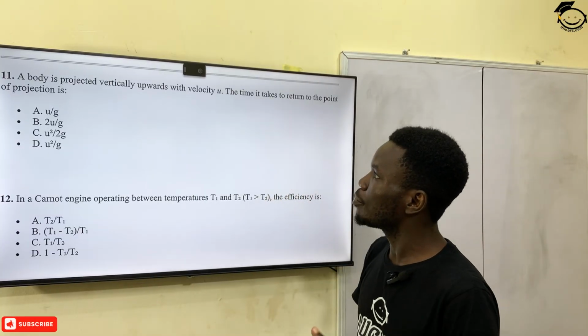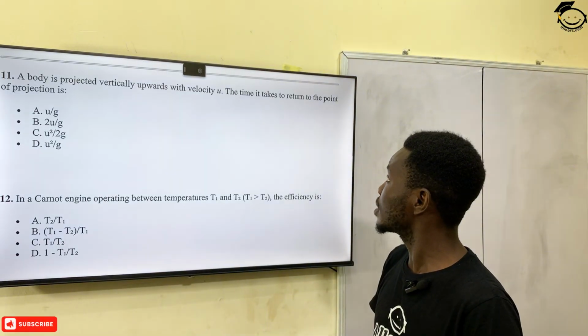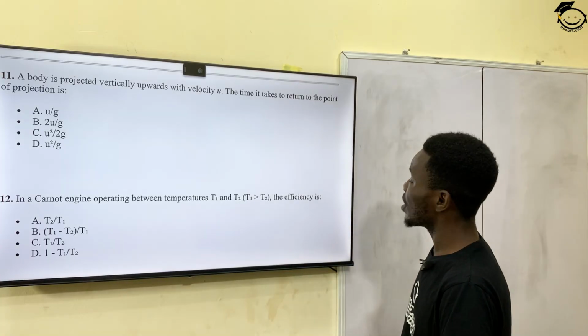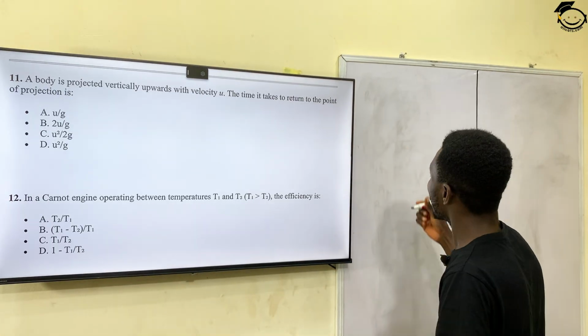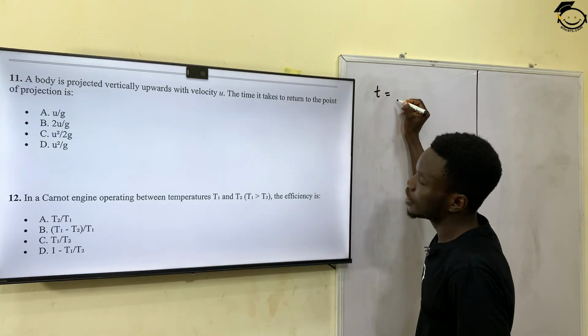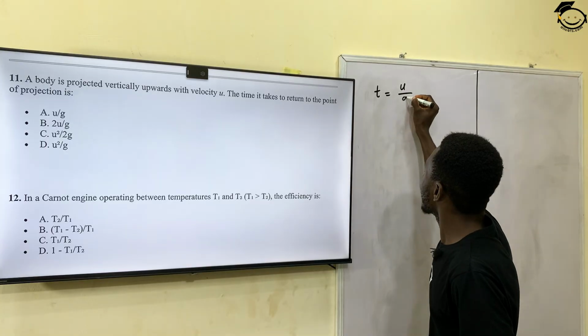Moving on to question number 11. It says, a body is projected vertically upward with a velocity u. The time it takes to return to the point of projection is dash. Whenever a body is projected vertically upward, the time taken to get to its maximum height is u over g.